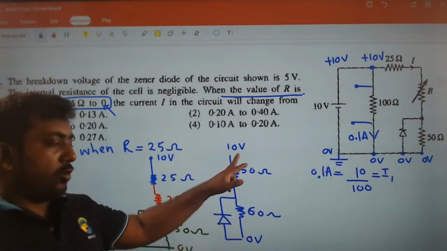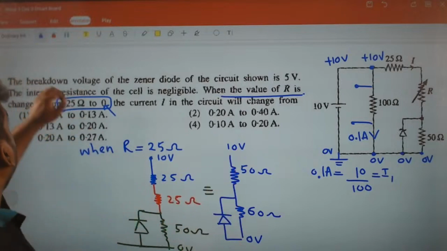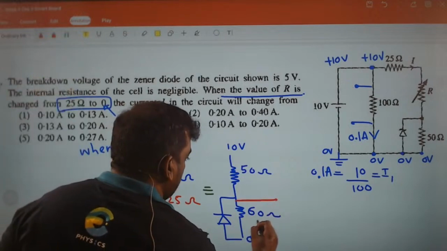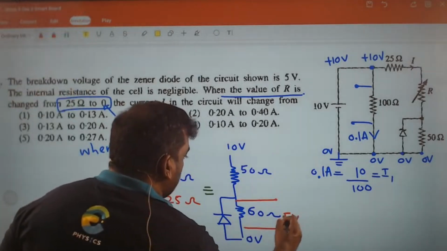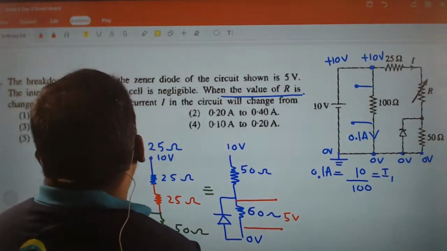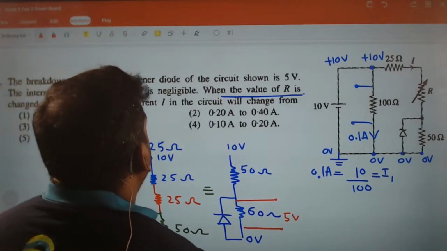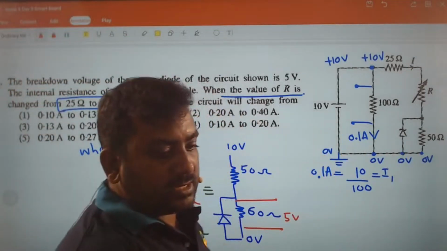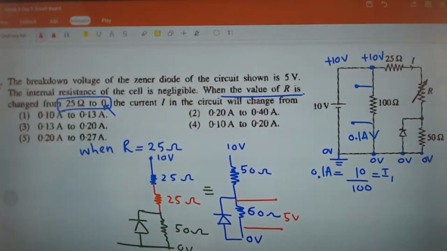What can you say about the voltage? 5 volt, 5 volt. 5 volt is here. So 5 volt is the breakdown voltage. Okay. 5 volt means breakdown voltage. Get the word. Right.